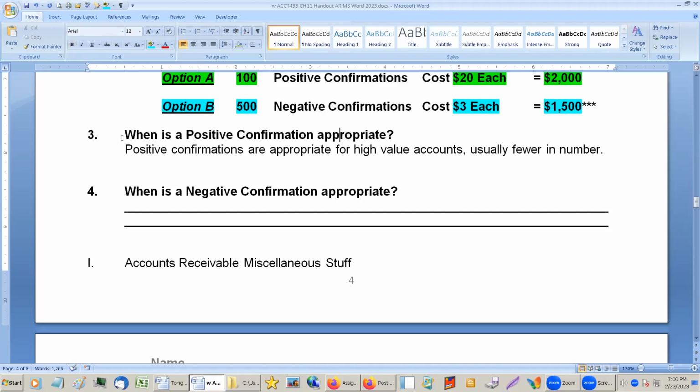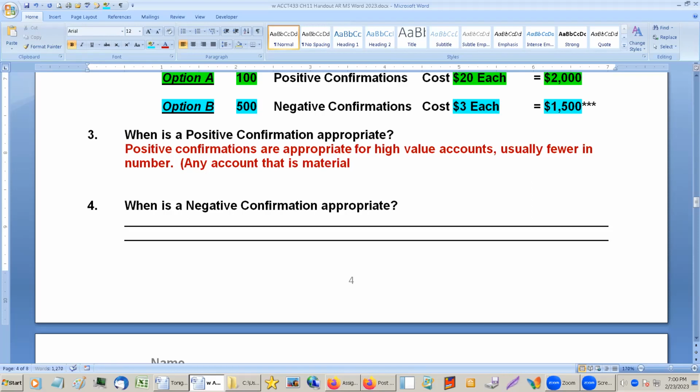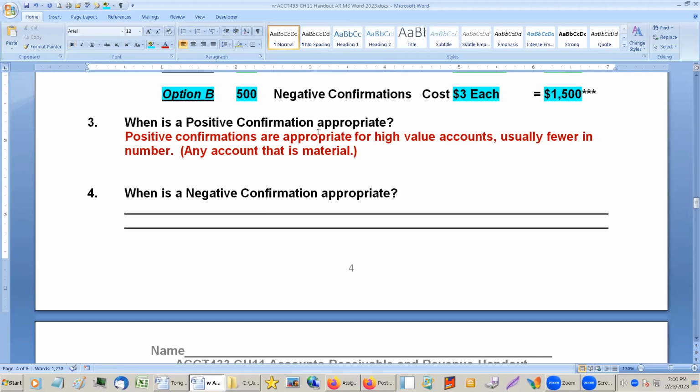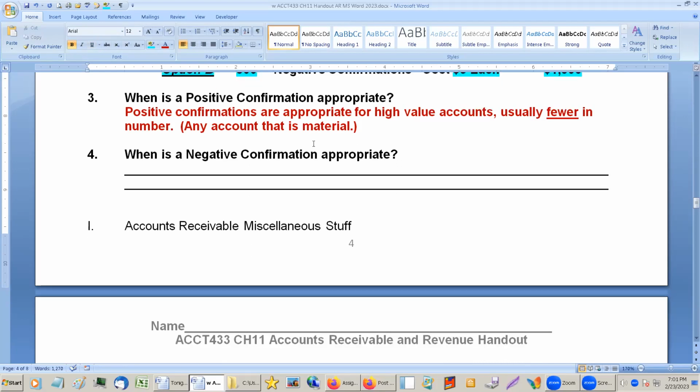So if you have a high value account, especially any account that is material, certainly, use positive confirmations. So if there's a $10 million account, you use the positive confirmation, and usually there's much fewer of those around than the lower value ones.